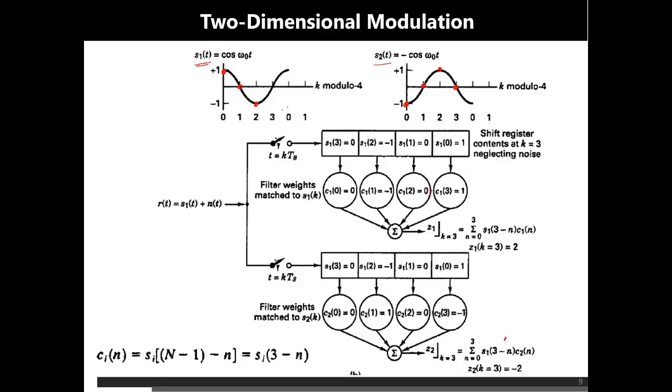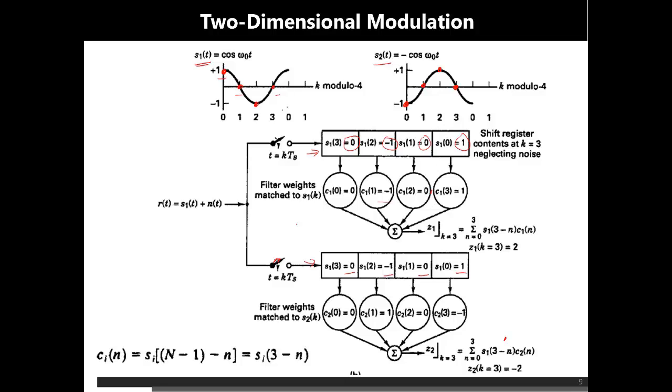So you see, in both the first branch and the second branch, we have filled in S1. The first one is 1, 0, minus 1, 0. These correspond to these values: 1, 0, minus 1, and 0. These are the four samples. The same four samples are filled over here: 1, 0, minus 1, and 0.